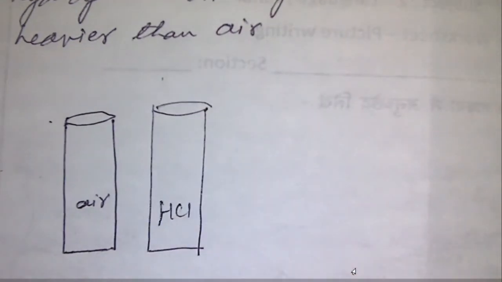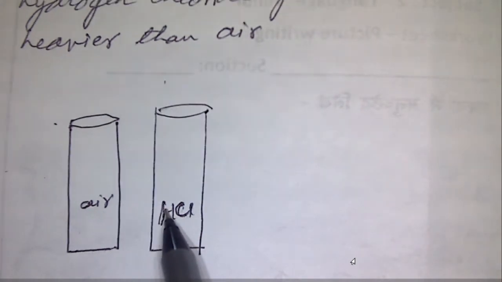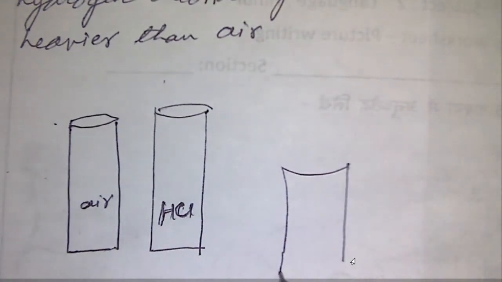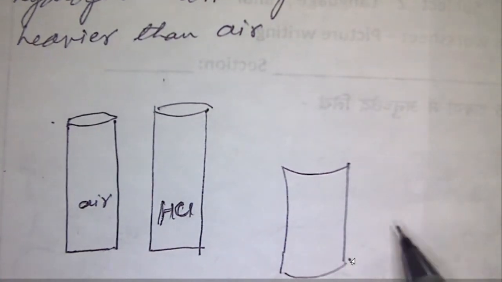HCl is heavier than air. So I've taken two containers. One is HCl, another one is air. So when this is taken, what I'm going to do is I'll take the first one, which was containing air, isn't it?